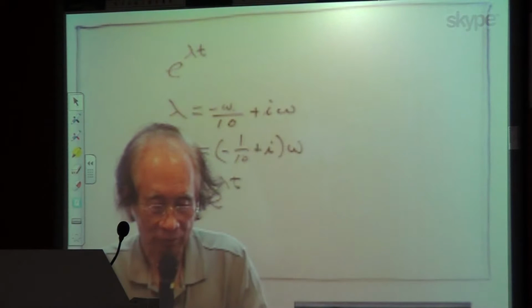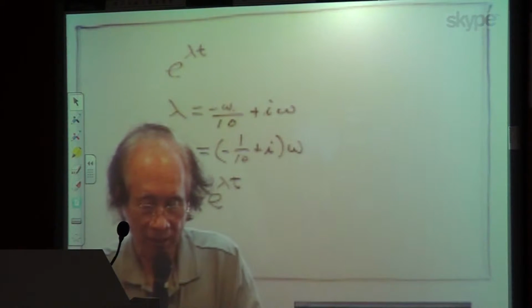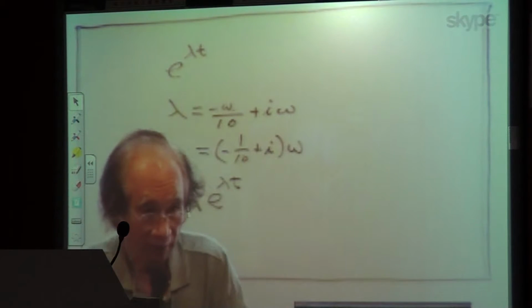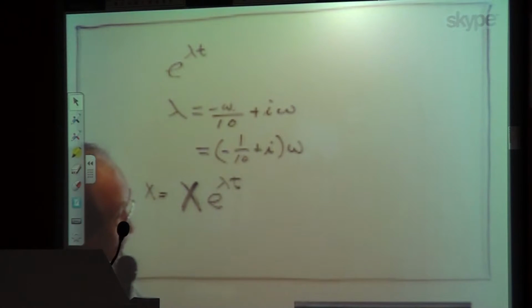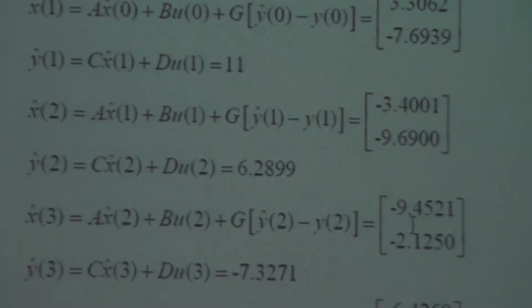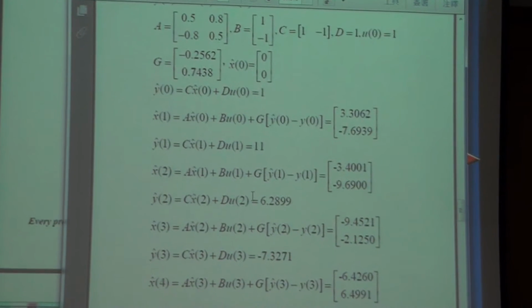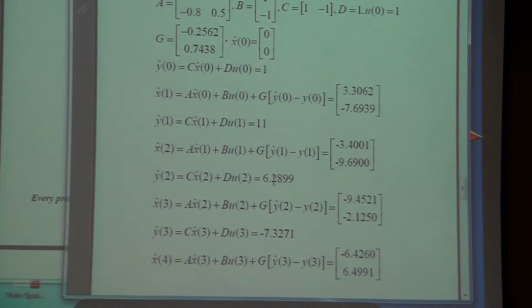So you will check x3, that's minus 9.45, and x hat 3 is minus 9.4521. So your state estimator did a very good job to estimate your state after the second step, because your G is a dead beat of 0.